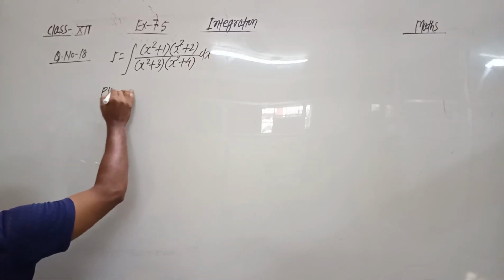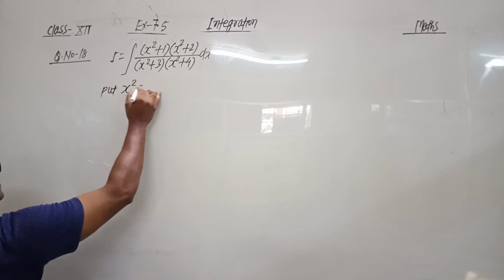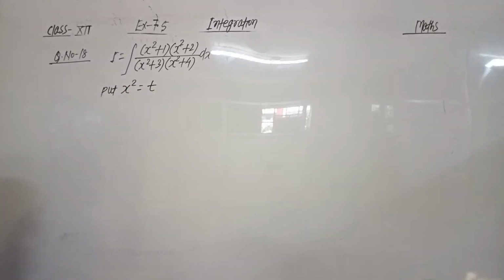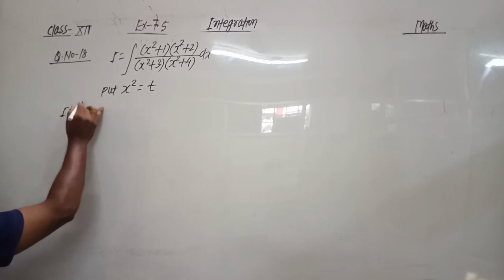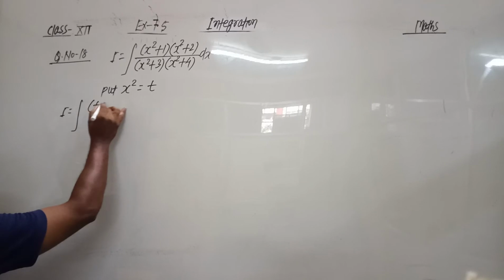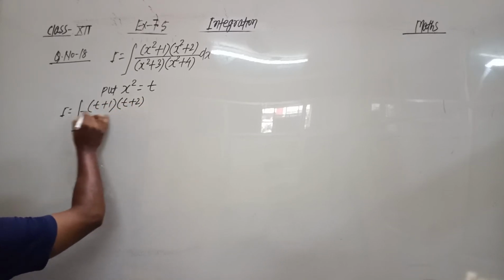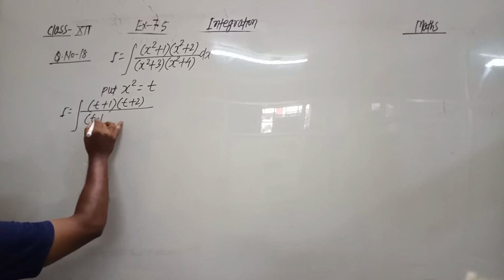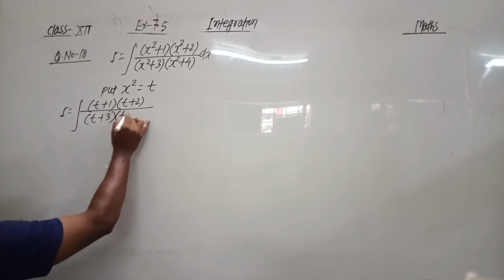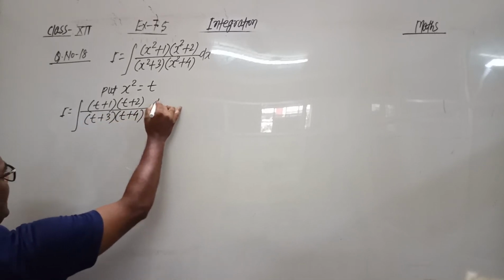So firstly we will put x square equals t. Then the expression becomes t plus 1 into t plus 2 upon t plus 3 into t plus 4 dx.